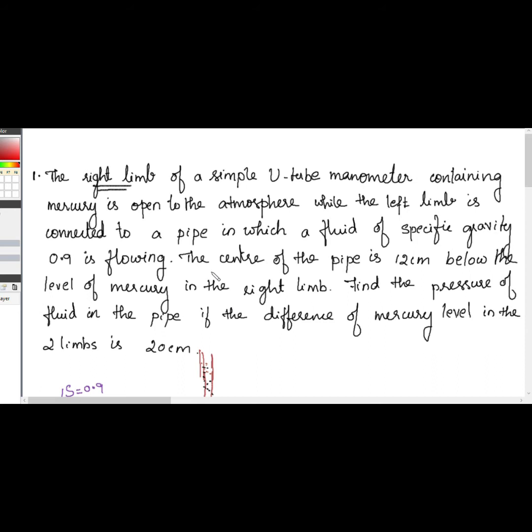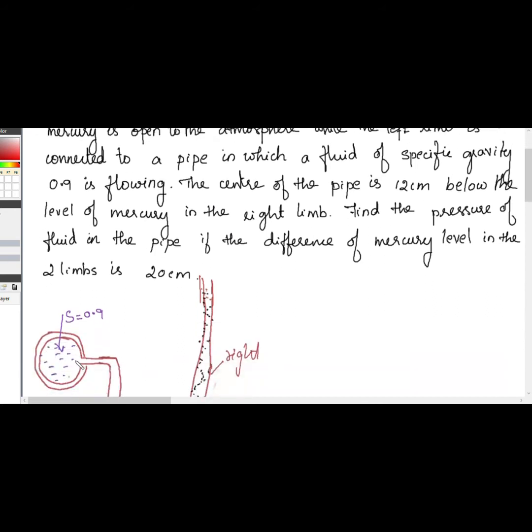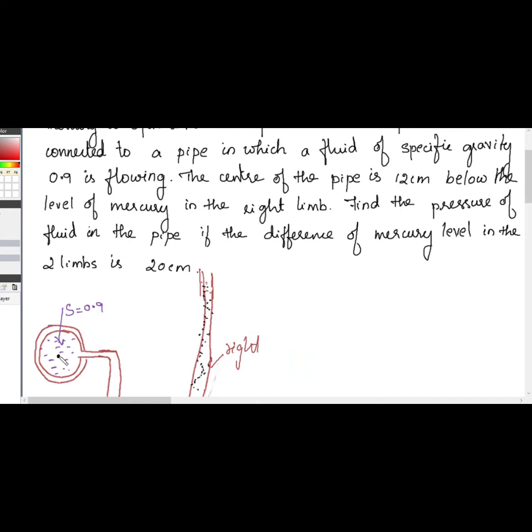So this is the center of the pipe, and the distance from the level of mercury to the center of the pipe is 12 centimeter.